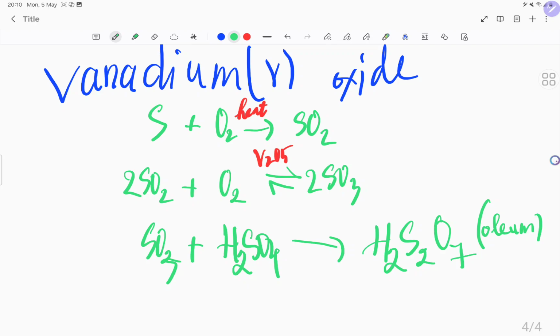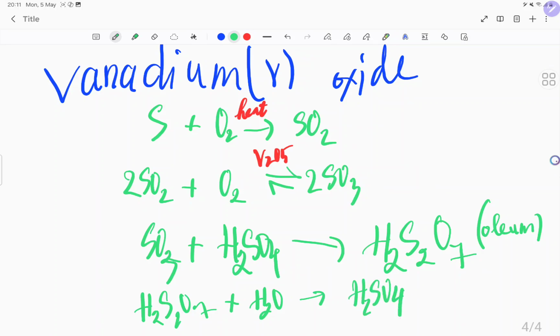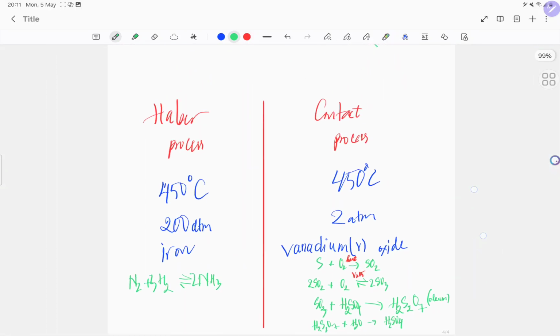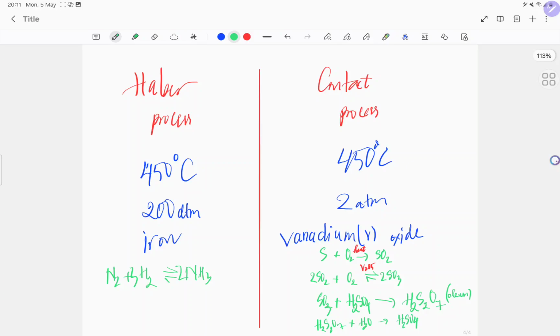And then the oleum reacts with water to make sulfuric acid. But the amount of sulfuric acid here is higher than here. Understood? And those are the four equations for the contact process.